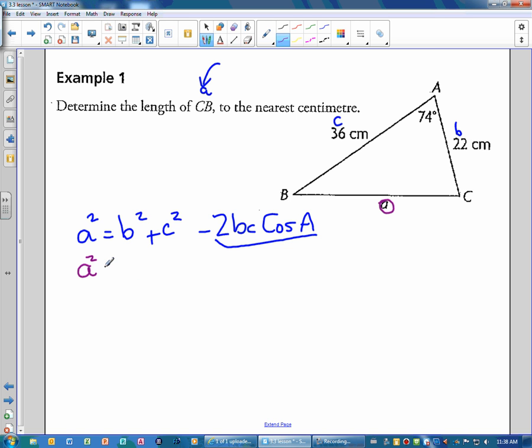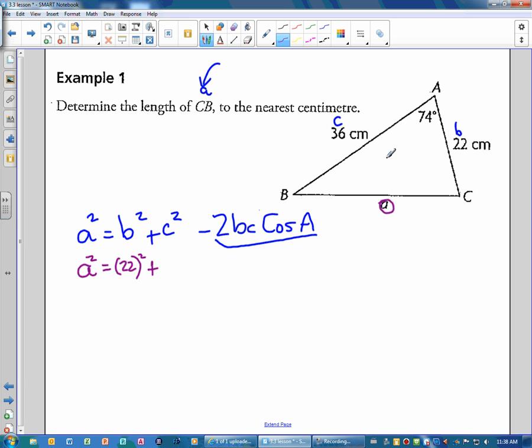So A squared equals B squared. Here's B. Okay, across from angle B, here's B. Looks like a 6, but it's a B. It's 22. So plug that in. I put it in a bracket just so you could see that I substituted it. Plus C squared.